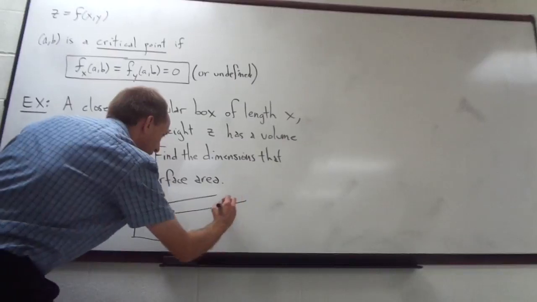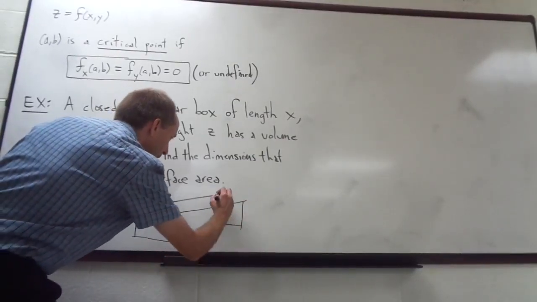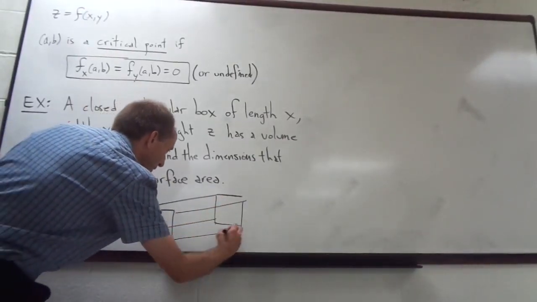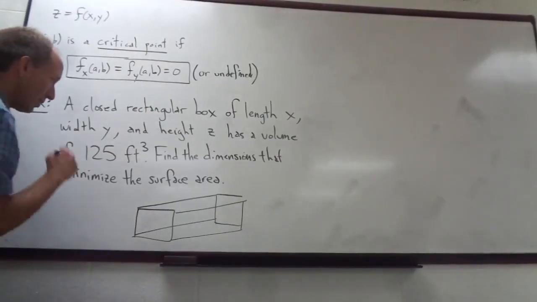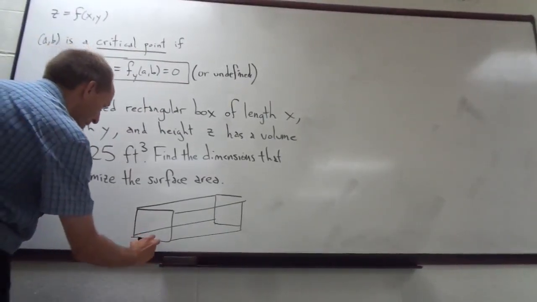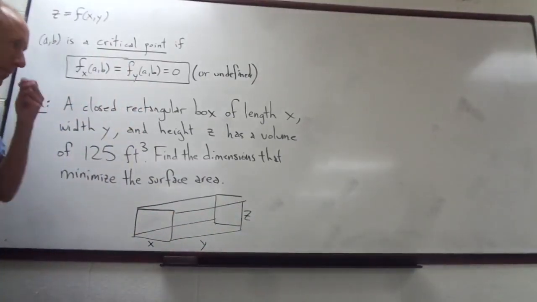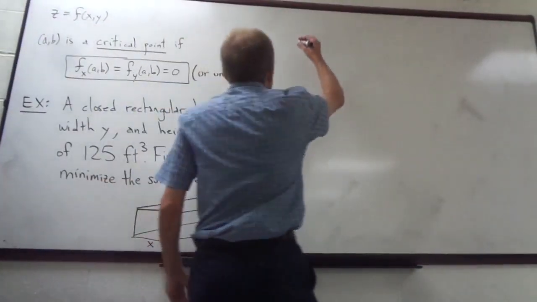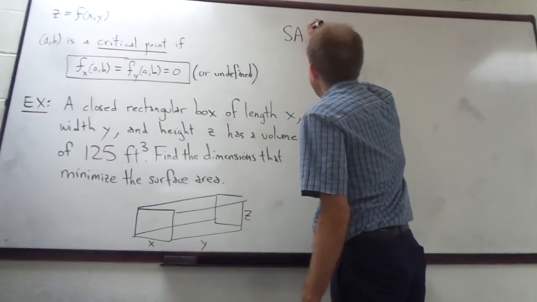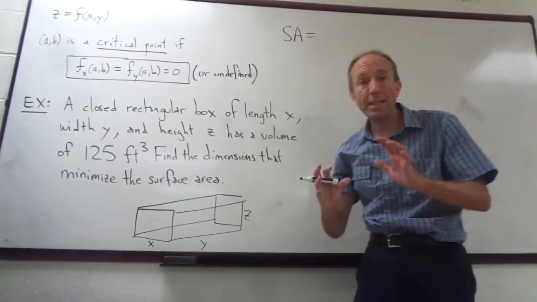So, here's a picture of what we're looking at. We have a box, something like this. Not the greatest artist here, but that's the idea. The length is x, the width is y, and the height is z. Now, for the surface area of a box, notice that we have 6 sides.